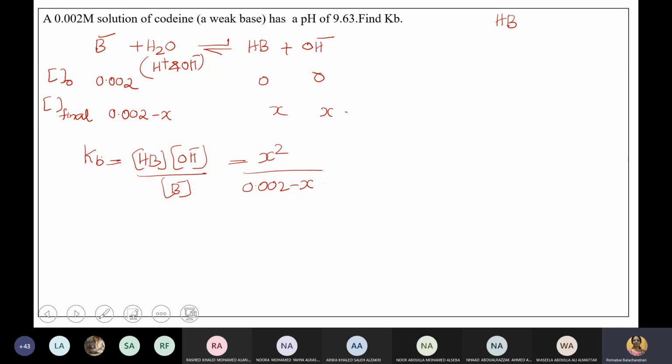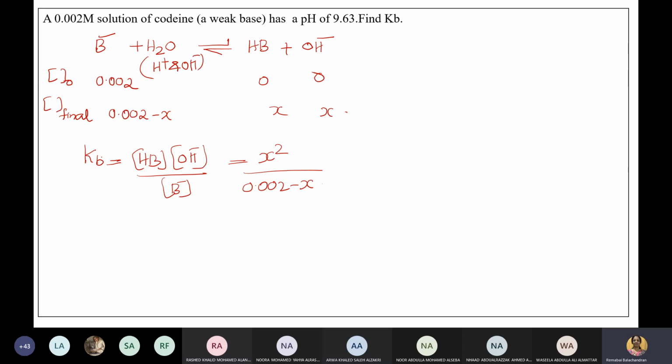Do you know the value of x? No. How will you find x? X is actually the concentration of OH minus. So what is given in the question? pH.